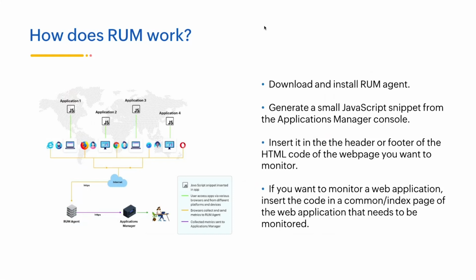Upon loading, the JavaScript snippet will act as code that collects performance data and constantly transmits it to the RUM agent. The agent then communicates with this JS code and Applications Manager's web client, which depicts the captured data.